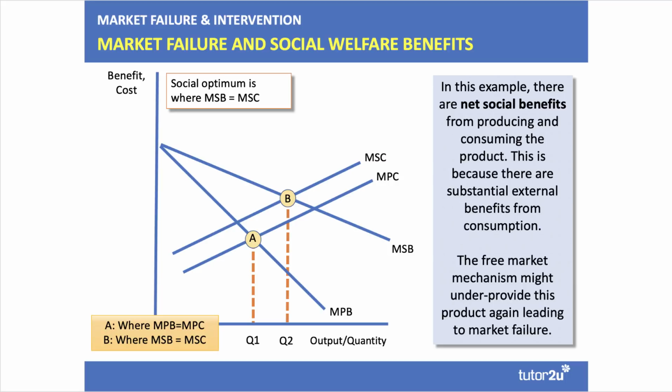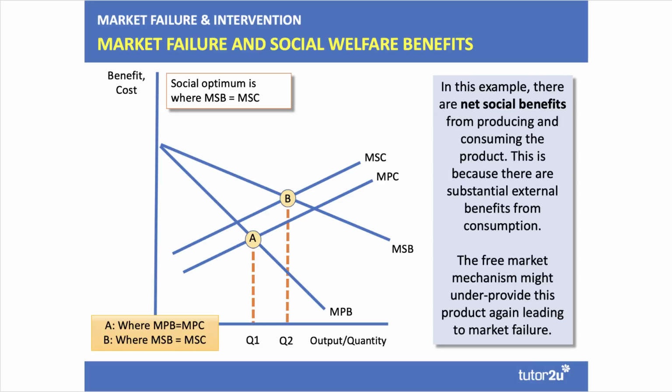However, in this second example, I'm assuming there are some pretty significant and chunky external benefits from consumption, driving the social benefit well above the private benefit. I'm assuming there's also some negative production externalities, but they're not significant. Can you see here that the private optimum is A again, but this time the social optimum is B to the right, because I've assumed here that the positive externalities dominate the negatives.